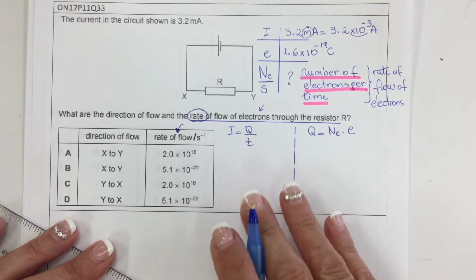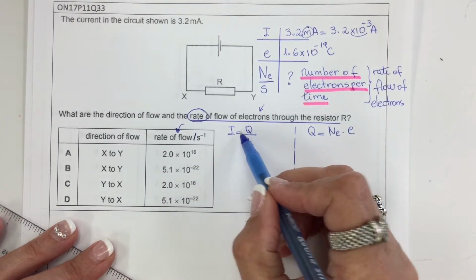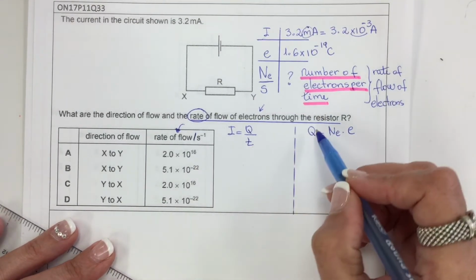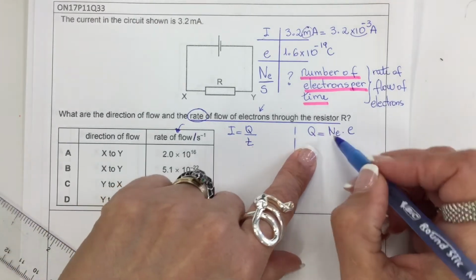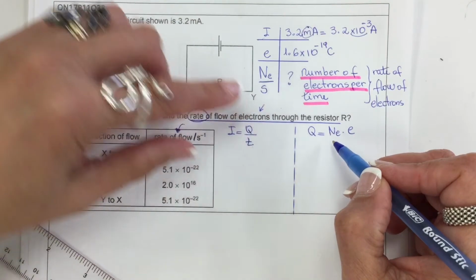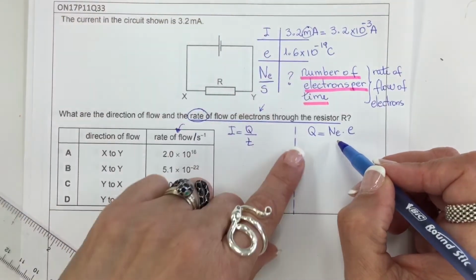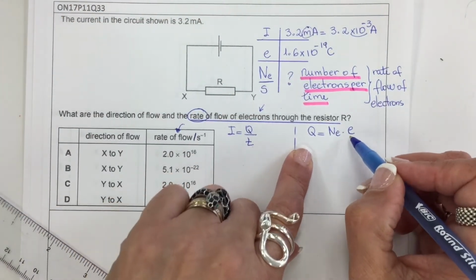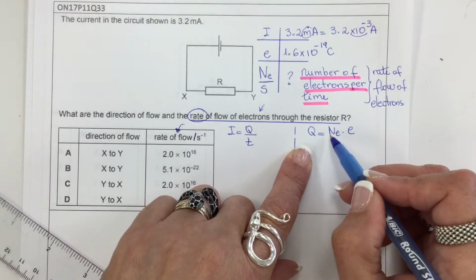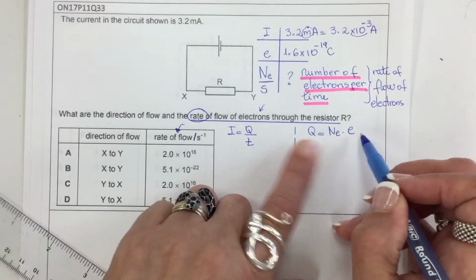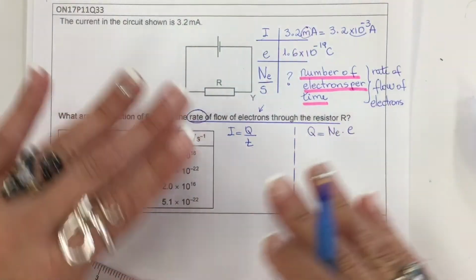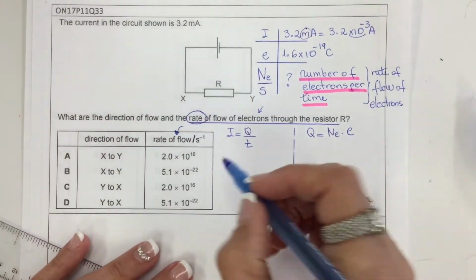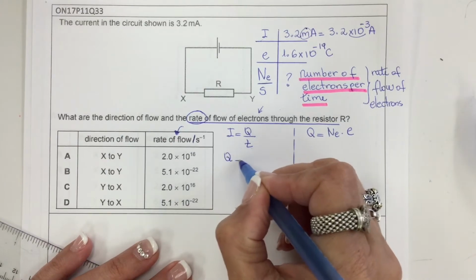So basically we have two formulas here. We have current, which is charge over time, and we need a formula that we can use to calculate the number of electrons. Charge is equal to the number of electrons times the charge of an electron. I'm going to reorganize this formula in terms of charge.